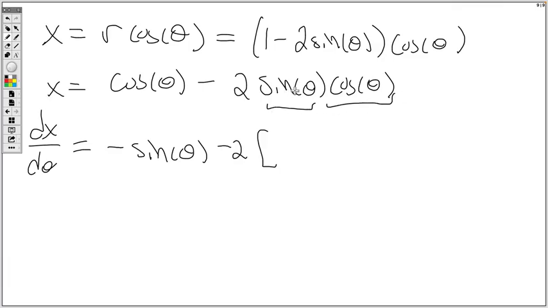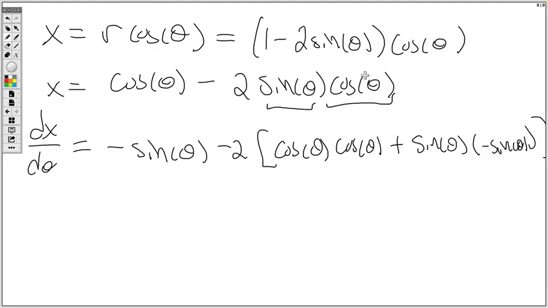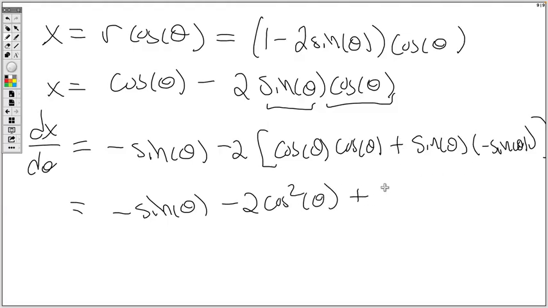So product rule, derivative of the first times the second plus the first times derivative of the second. So I get a minus sine of theta minus 2 cosine squared of theta minus minus plus 2 sine squared of theta.